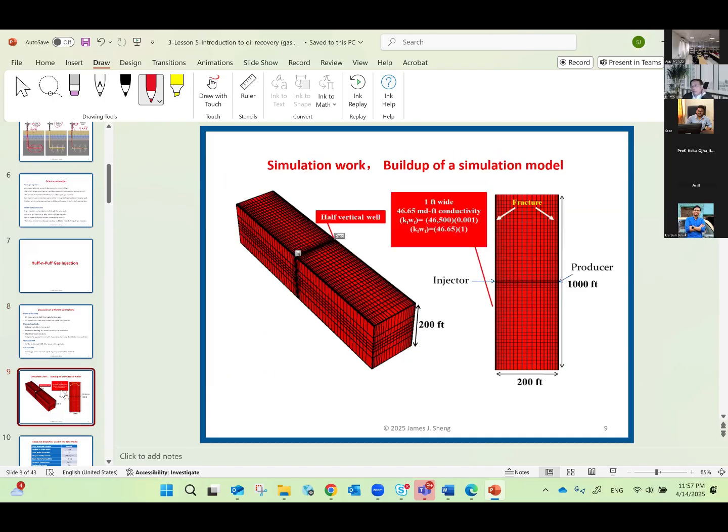First, I'll show you some simulation results. In the simulation, I just use one small element, and this is a horizontal well. Here is a horizontal well. This is one well here, another well here, and we talk about Huff-Puff first, right? For Huff-Puff, we only need one well.